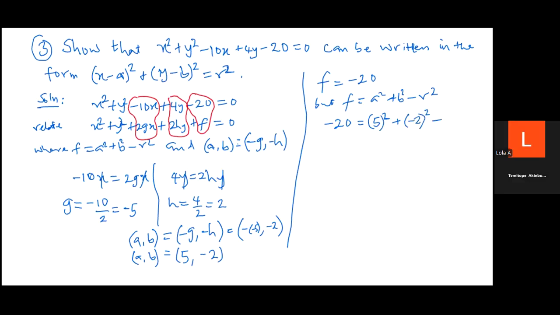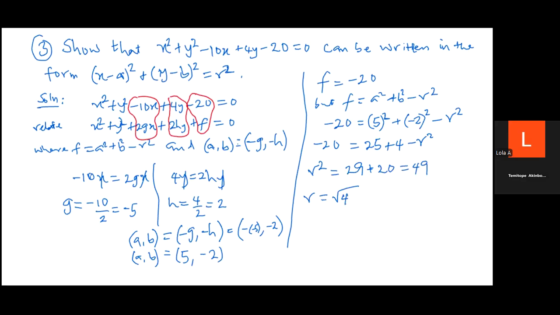So this expression will afford us to get the value of r. So minus 20 equals 25 plus 4 minus r squared. Now rearrange. Take r squared to the left, take 20 to the right. So r squared equals 29 plus 20, and that is 49. So r will now be the square root of 49, which is 7.